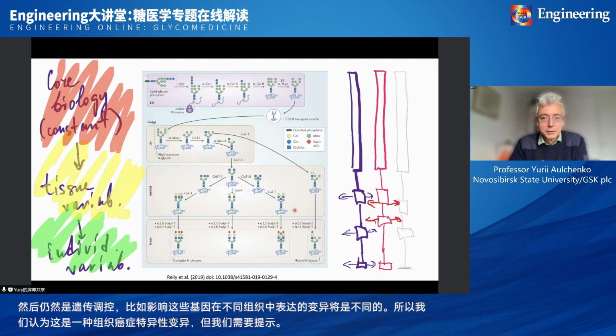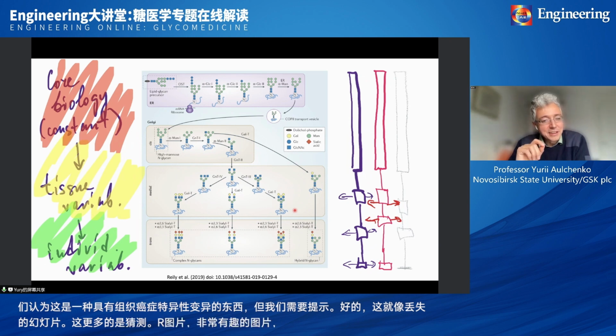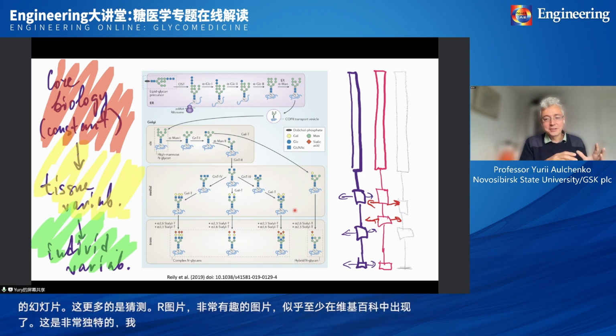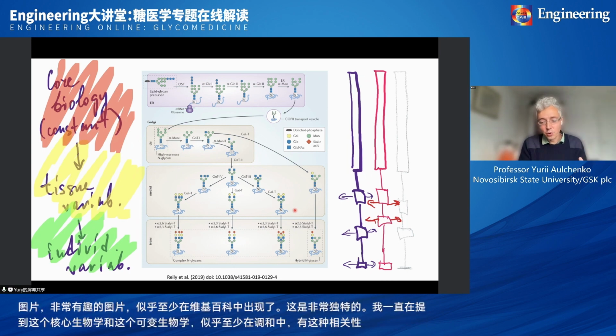Okay, so this is the last slide, and this is more of a speculation. A very interesting picture appears: it seems that at least in N-glycosylation, and this is quite unique, I've been mentioning this core biology and this variable biology, there is a temporal and spatial correlation between core biology and peripheral biology, in the process of how glycans are made.